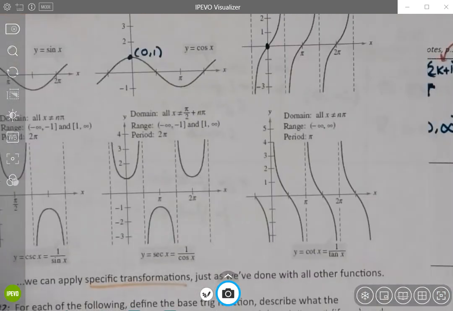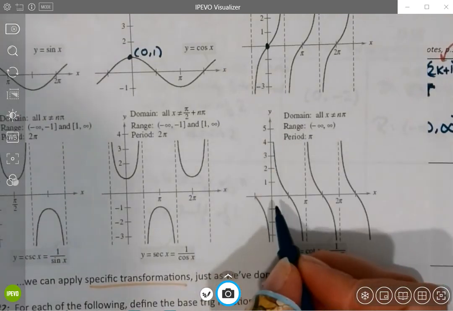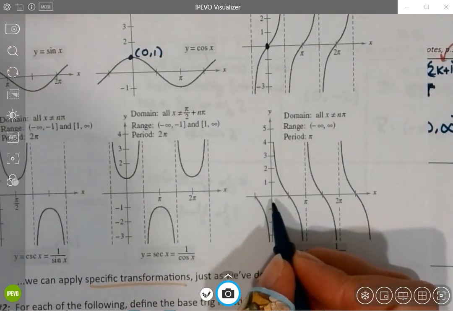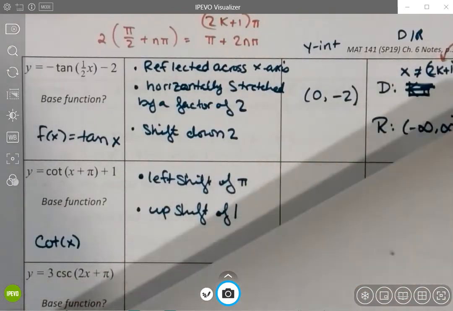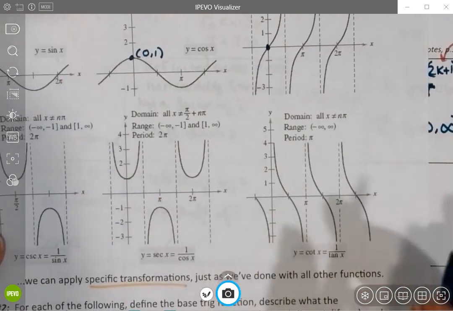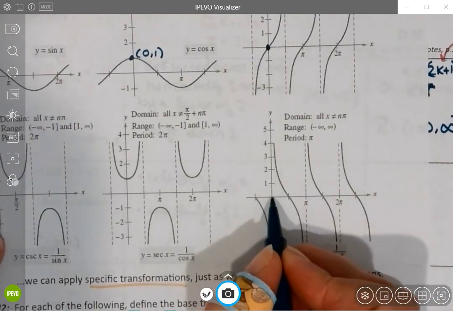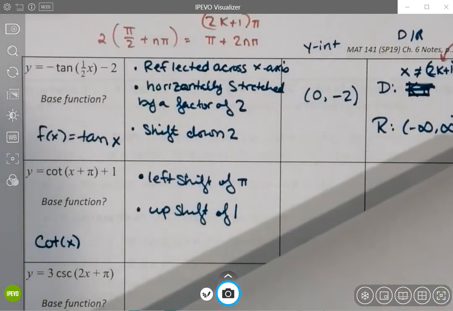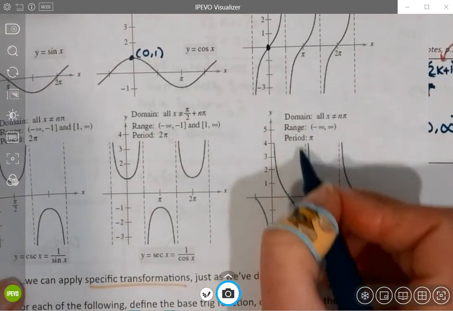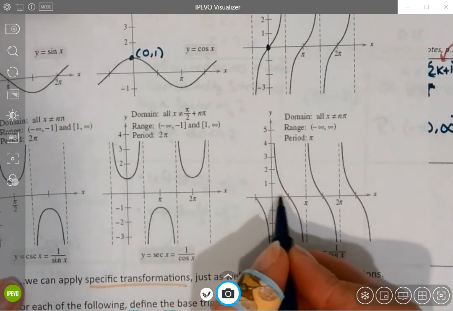So if I look back at cotangent's original y-intercept, ooh, it doesn't have one. Now, it will maybe, depending on the shift, have one if you shift it left or right. If I shifted this one, say, left by pi halves, it would give me a y-intercept of pi halves. If I shift it left by pi, since pi is also an asymptote, everything that's at pi is going to move over here.